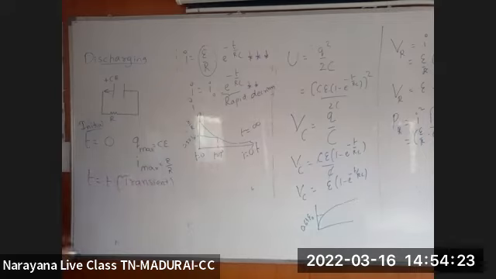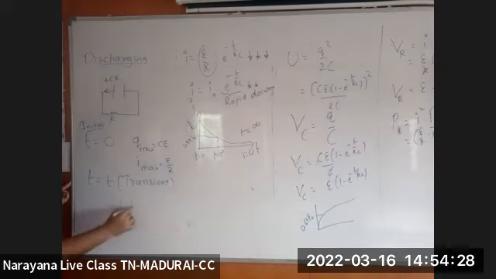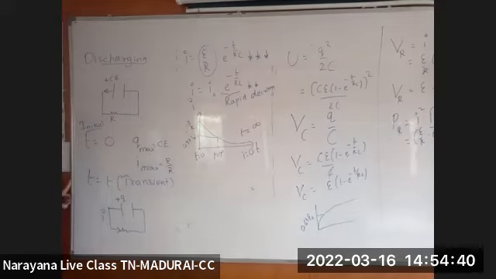I will assume during the discharging of the capacitor, after t seconds, charge on this plate is plus q and current in the resistance is, let's say, I ampere. The loop is there now, so loop law I am going to write. High to low, and here also high to low.